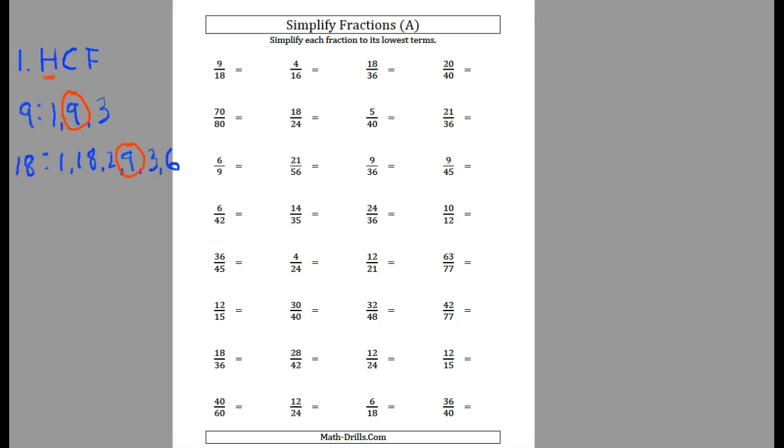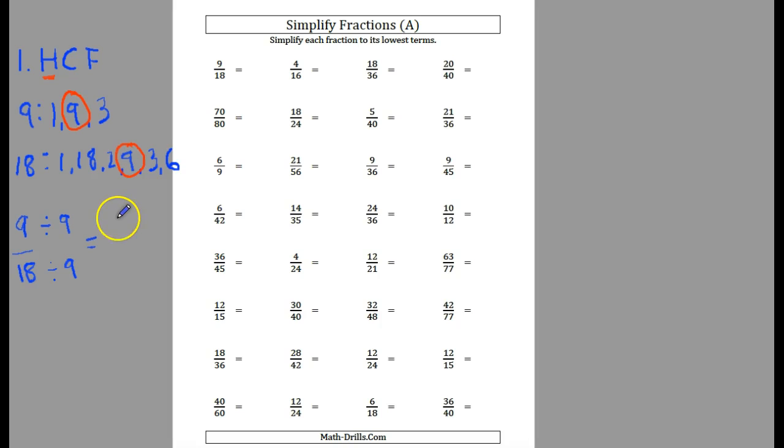Now, once you've got the highest common factor, we've got to use it. I'm going to do the working out just down here. So we're looking at 9 over 18. Our highest common factor is 9, so what we need to do to the top and the bottom is divide it by that highest common factor.